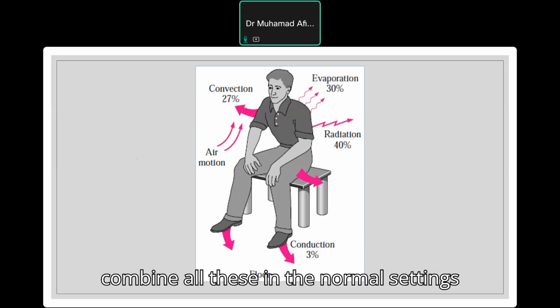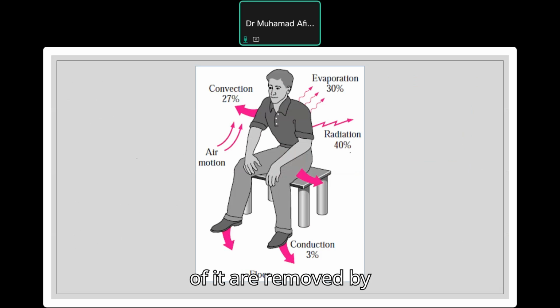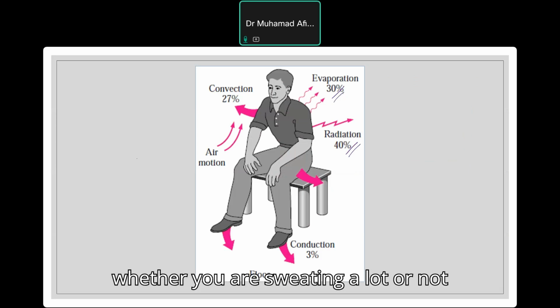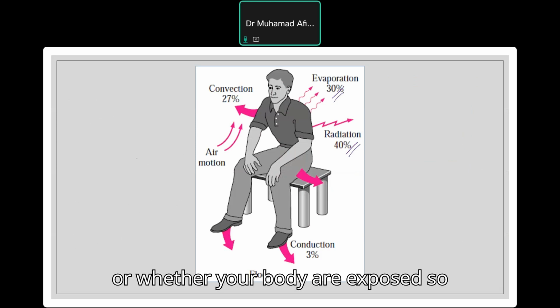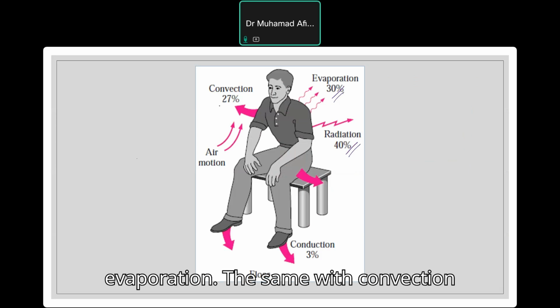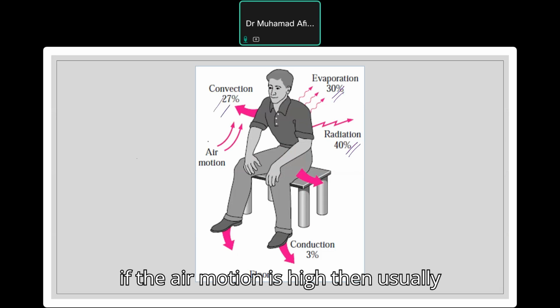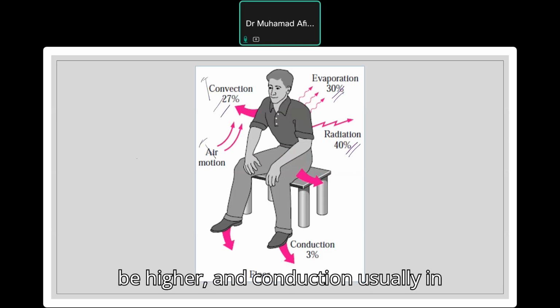Combining all this in normal settings, as you can see here, most of the heat is removed by radiation. Then evaporation, usually 30%. This depends on whether you are sweating a lot or not, or whether your body is exposed. The same with convection. If the air motion is high, then usually the convection percentage will be higher.